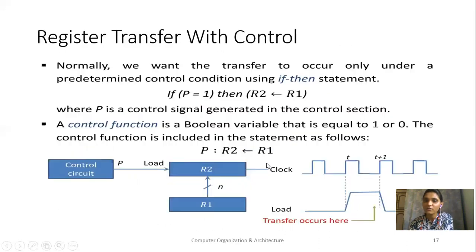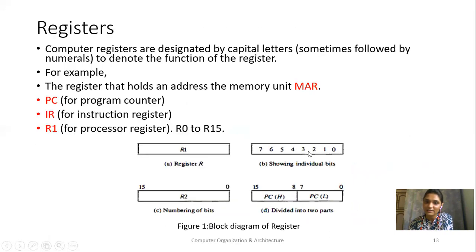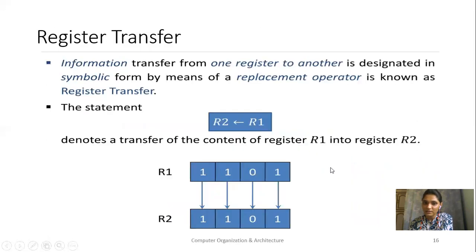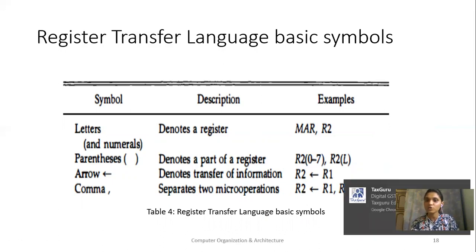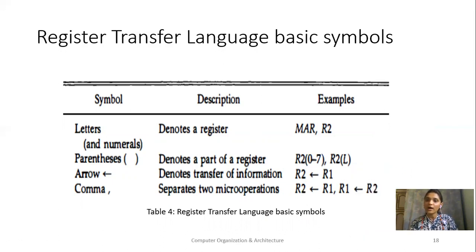We can represent any register in bit form, like R2(0 to 7), which represents register R2 with its bits 0 to 7. Similarly, if you want to represent the sixth bit, you write R2(6). That shows you are using the sixth bit.